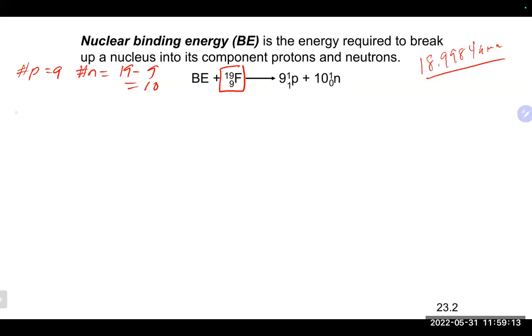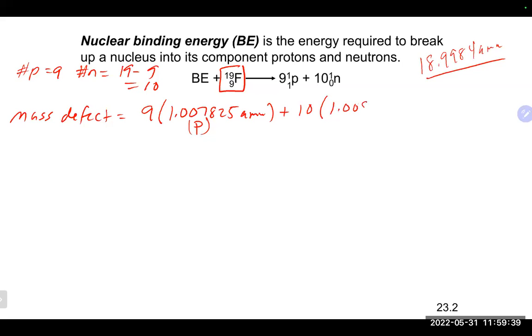To calculate the mass defect, we simply take the number of protons and multiply it by the atomic mass of a proton, which is 1.007825 AMU. We then add 10 times the atomic mass of a neutron, which is 1.008665 AMU.